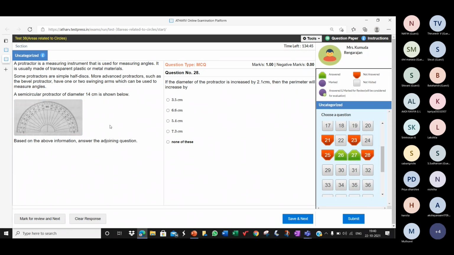Tell me the answer for the new perimeter: 41.4. Yes, ma'am. I'll just wait for the others to finish. Original perimeter we already have. Find the new perimeter using the new radius.